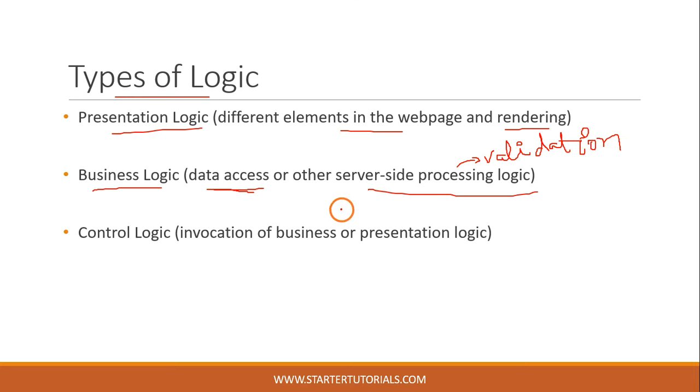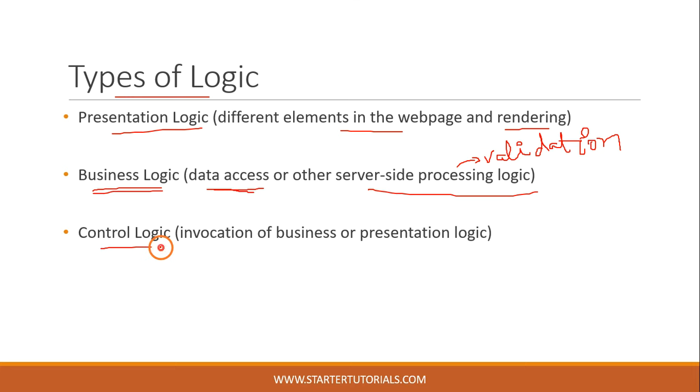If you take the previous example of google.com, whenever you see the search page, you will type some search query, the thing you want to search. When you type a search query and click submit or search, some processing will happen on the Google servers. That kind of logic is called business logic.